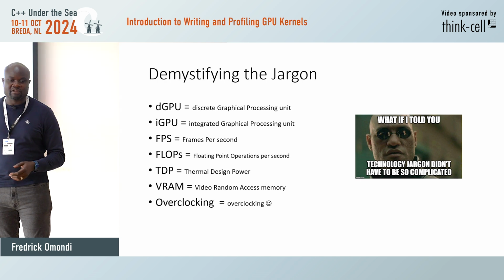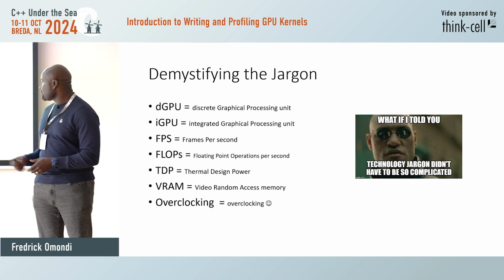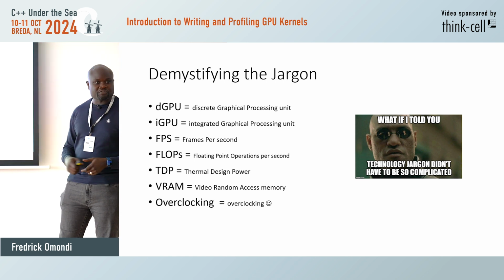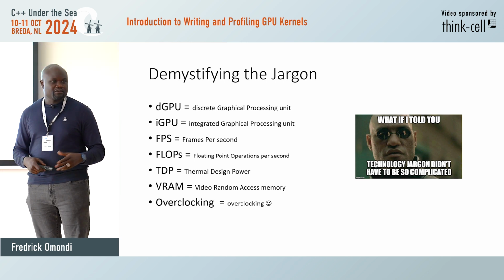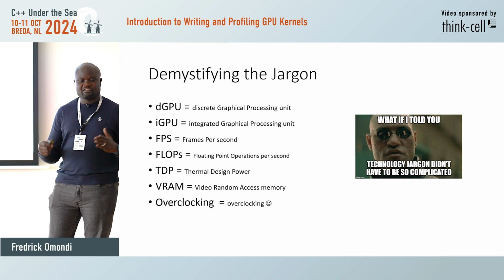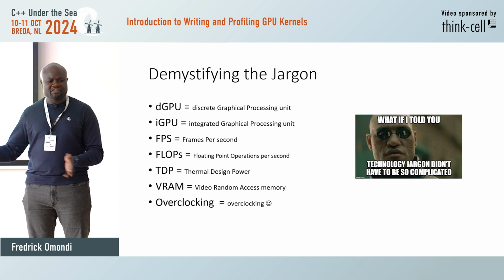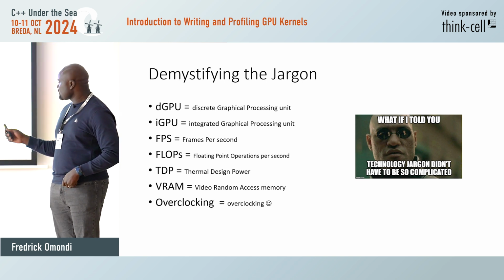So that's why TDP is equally important. And we do have FLOPS, floating point operations per second. This is mostly used to determine the performance of a GPU. You typically hear people say this GPU gives you this many teraflops in this kind of computation, and so on.